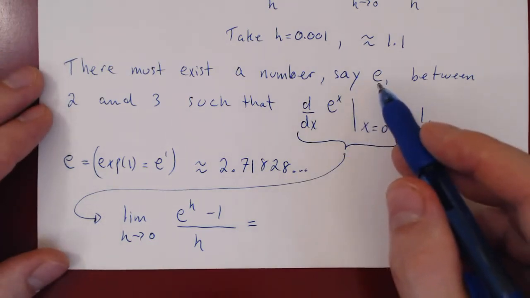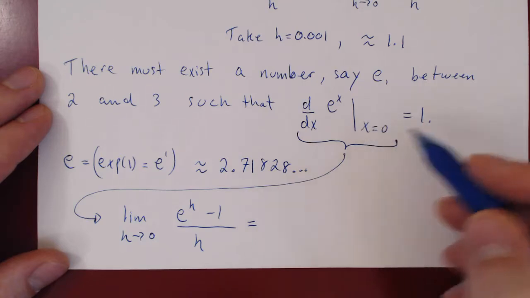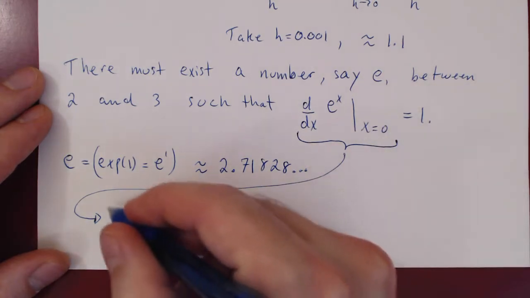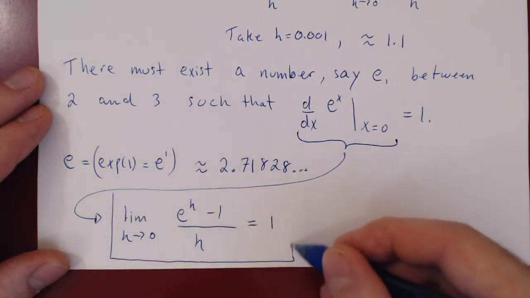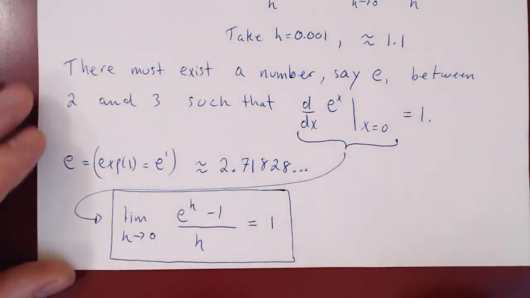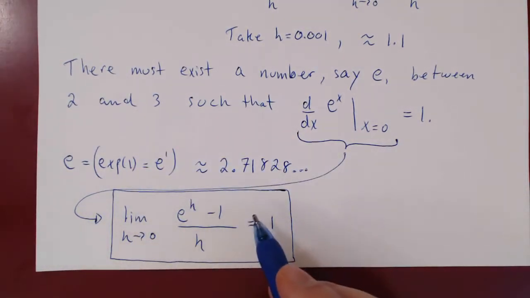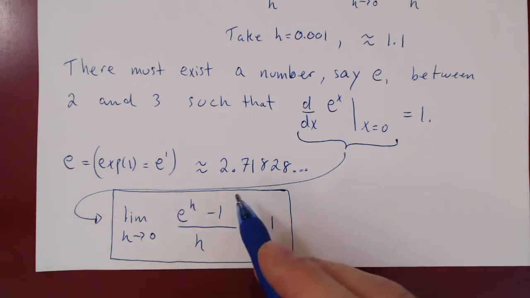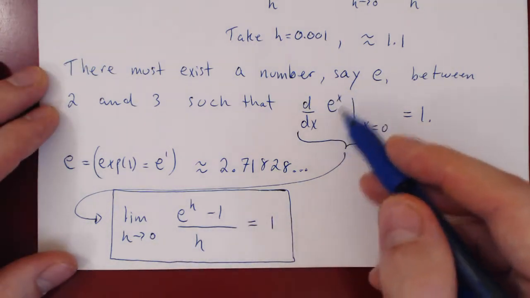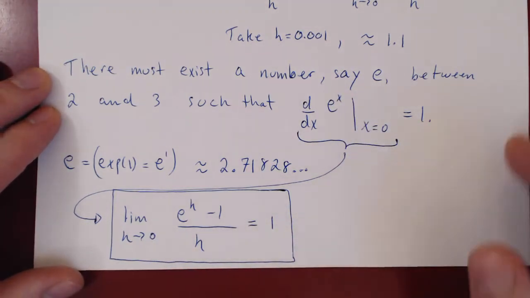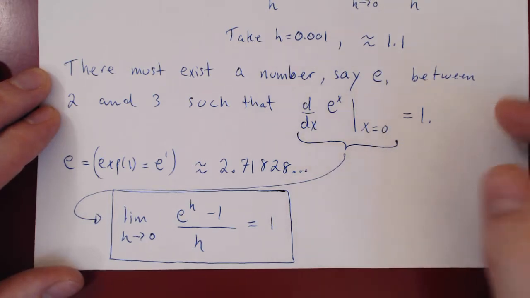And we chose e so that the derivative at 0 is exactly equal to 1. And now let's see with the help of this limit if we can find the derivative of e to the x at any other given value of x other than just 0. And what we'll find is actually quite interesting.